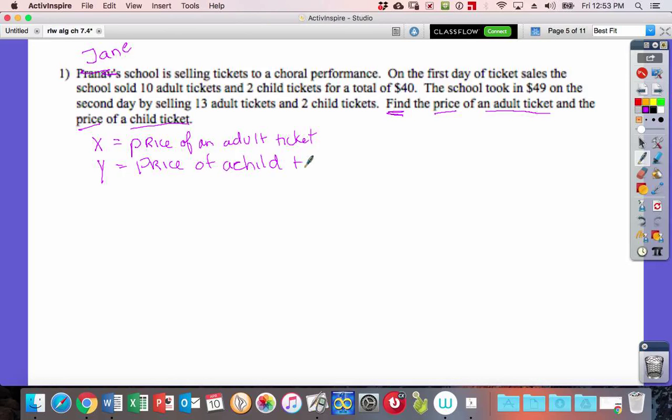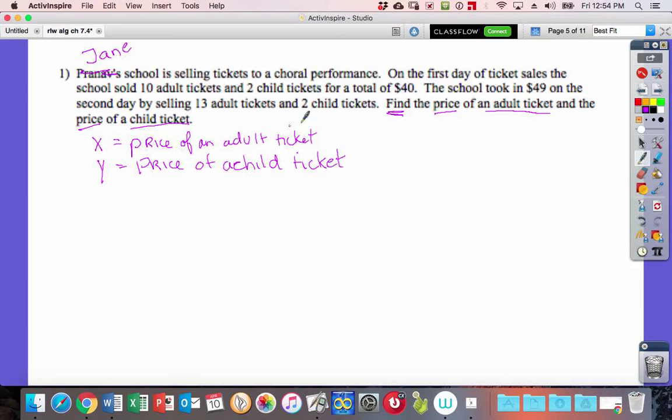Now, do I have to use the letters x and y? No, I do not. I could have used a and c, but I picked x and y, and let's go with it. But you can pick whatever you want for those variable names. You could have put w and z or a and c, whatever you want, as long as you define them ahead of time, you tell me what they are.